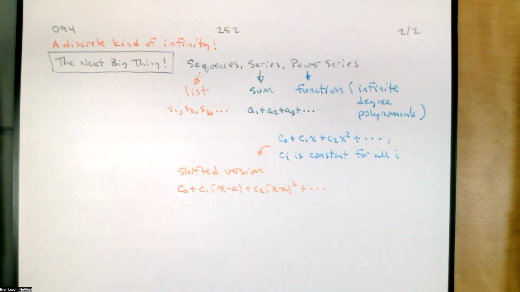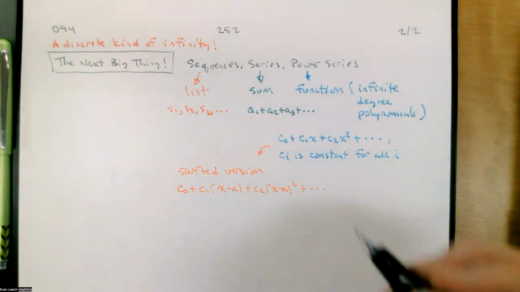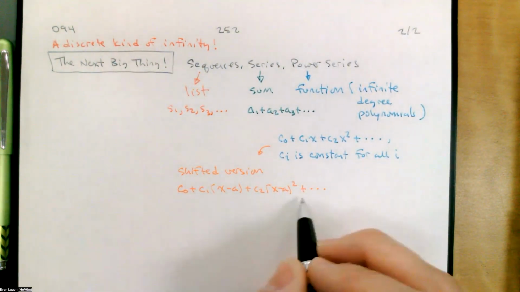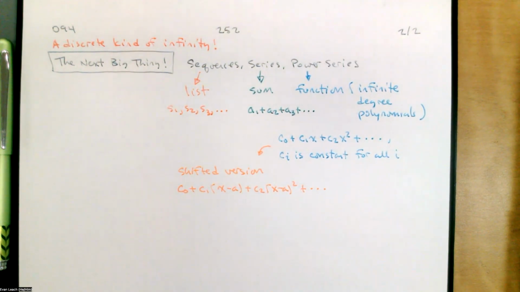So this first one, it could just all be powers of x. The second one is all powers of x minus a. The important thing is that the variable part always has to be the same.